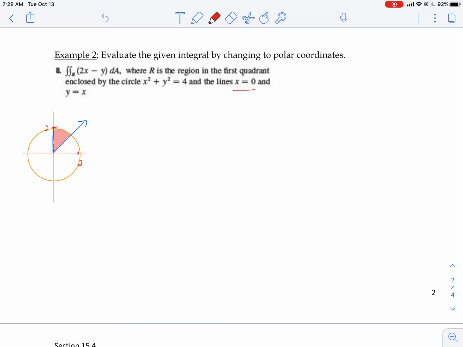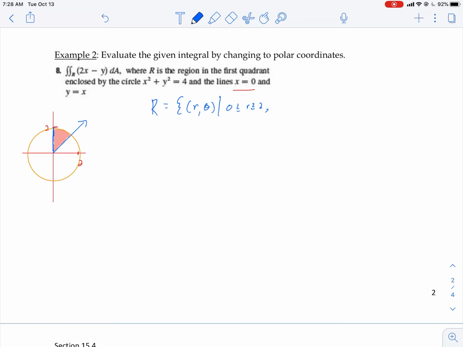All right, now let's go ahead and define everything. And so now our region, going to define that as r theta, where our r looks like it's in between 0 and 2.